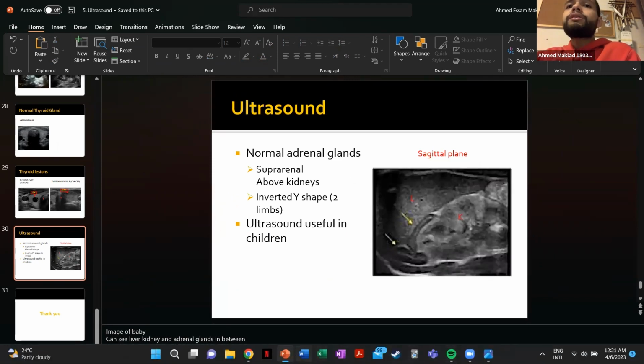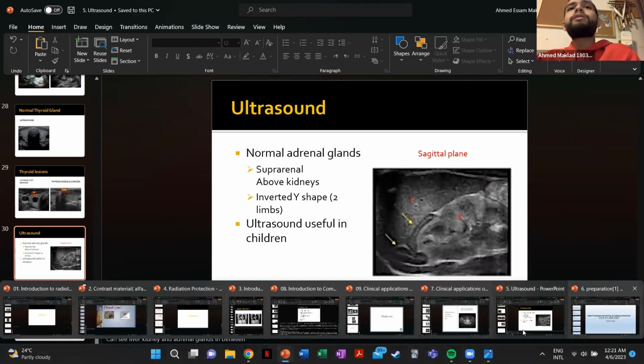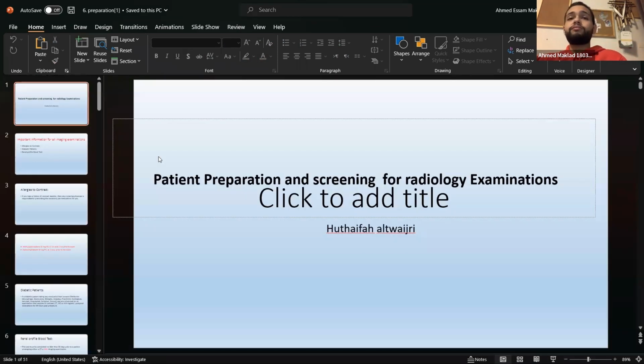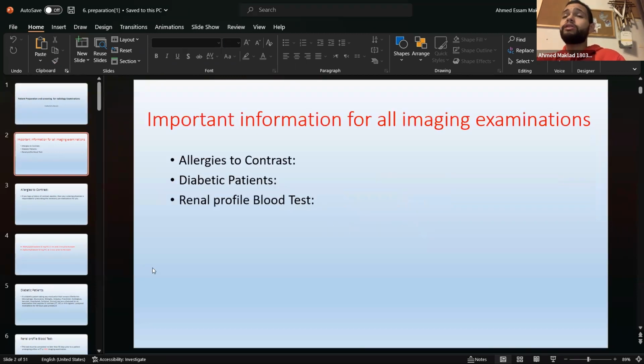Then we have the last lecture. Let's get this over with. Guys, honestly, do you want me to go through it? Honestly, it's just straightforward. It tells you when the patient should start fasting before a procedure.